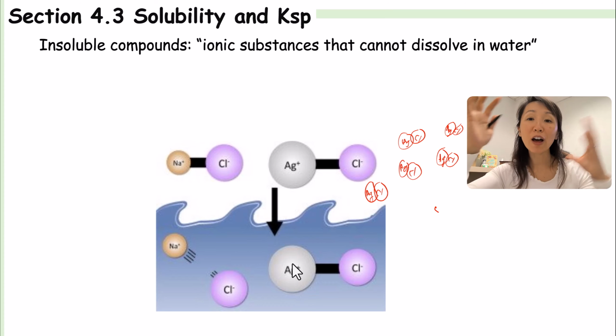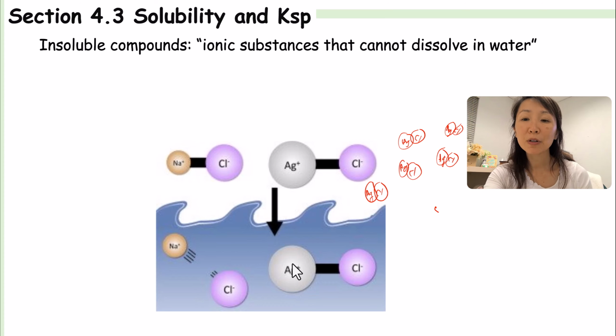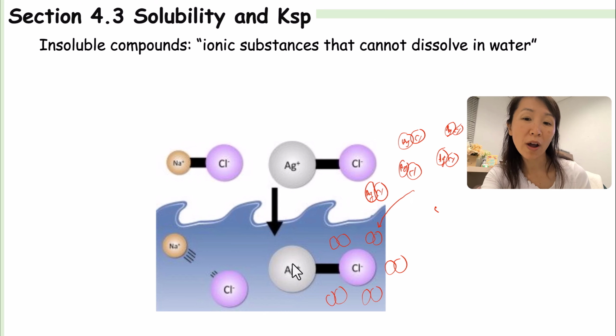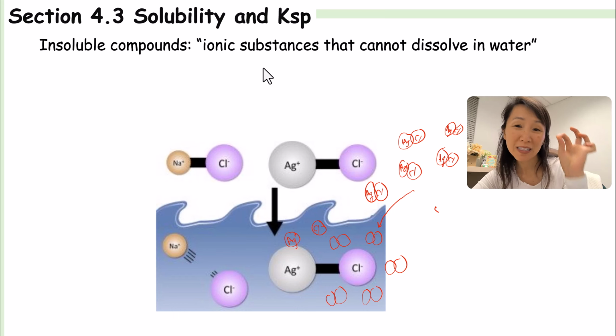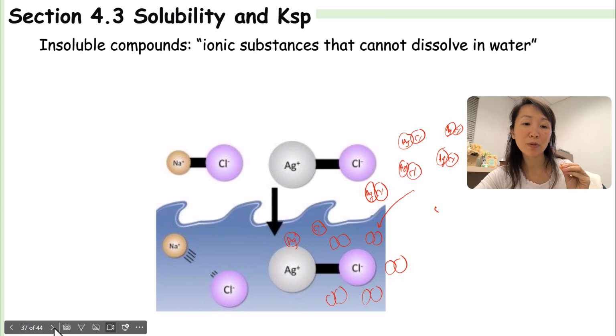If you have a lot of these and you submerge all of them in water, many of them will stay intact just as is. But out of these many, maybe one will separate. It's really little, but one will separate. So are they really insoluble? In some sense, they're very insoluble, but there is that one teeny tiny portion that does provide solubility.